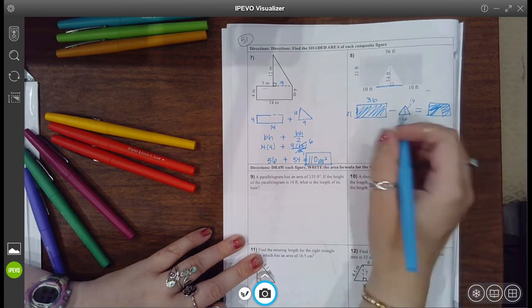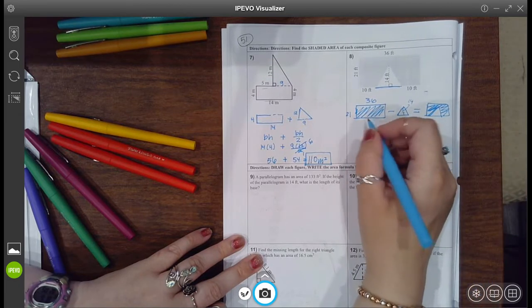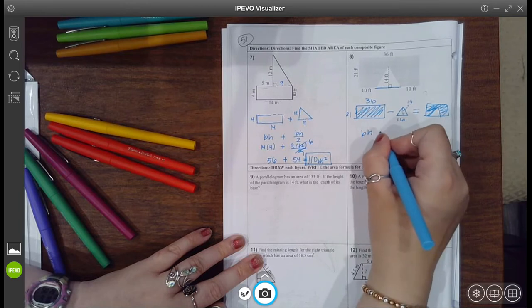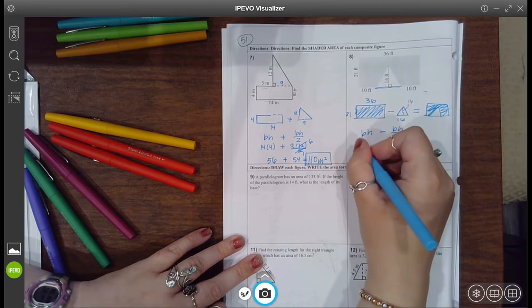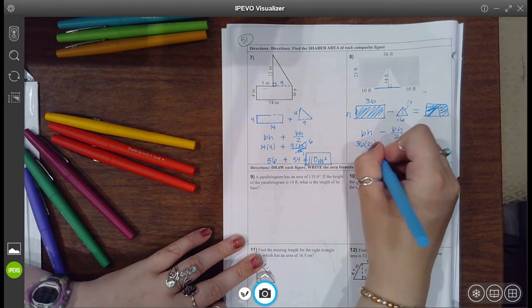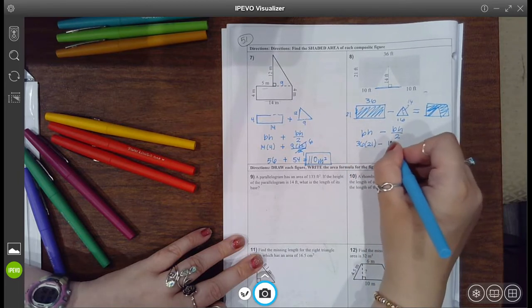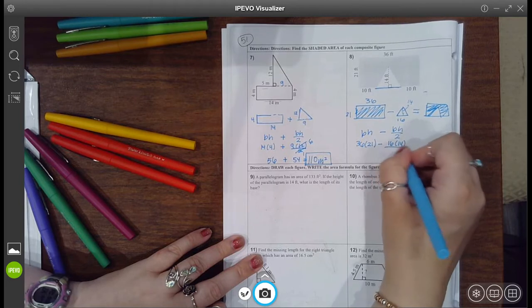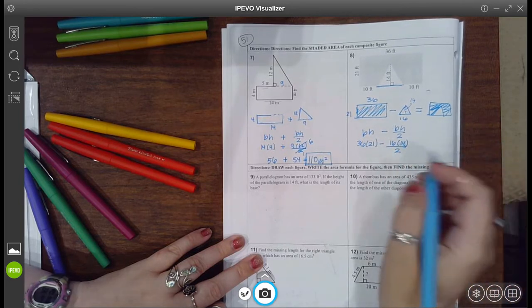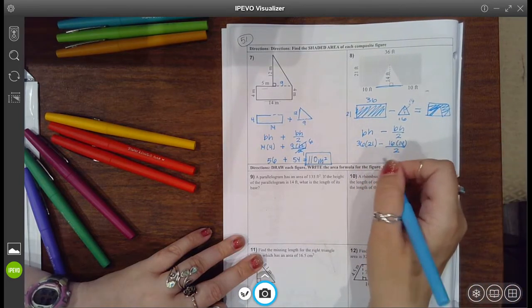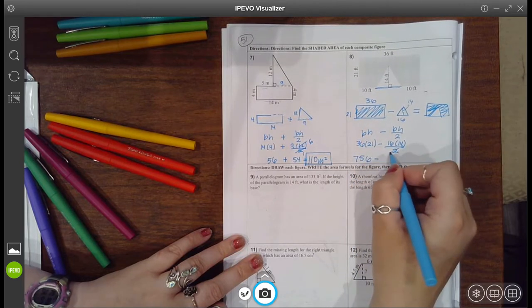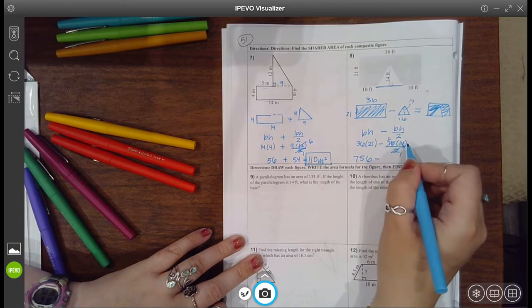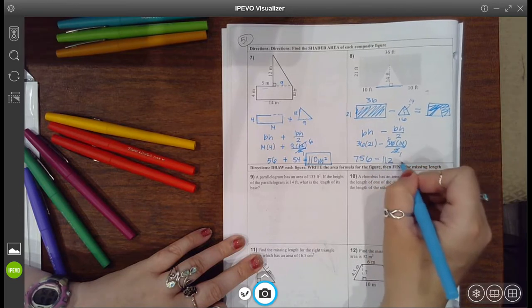16. So the formula for the area is base times height minus base times height divided by 2. So 36 times 21 minus 16 times 14 divided by 2 will give me the shaded region. 36 times 21 is 756 minus, you have 8 times 14, which is 112.